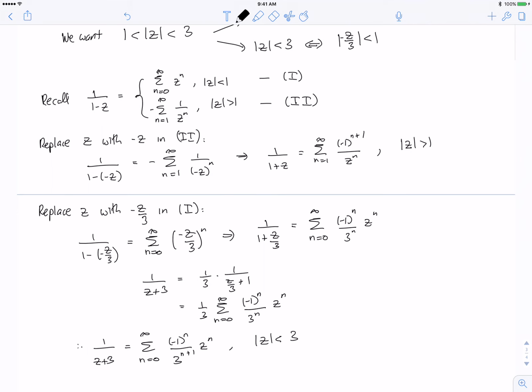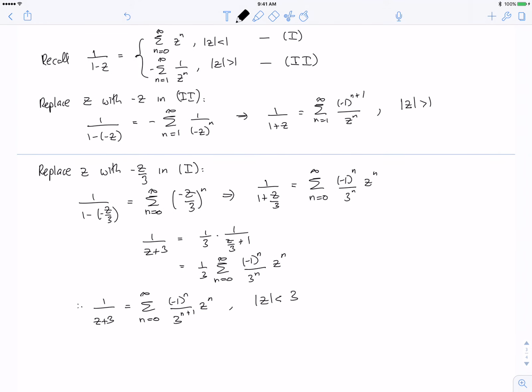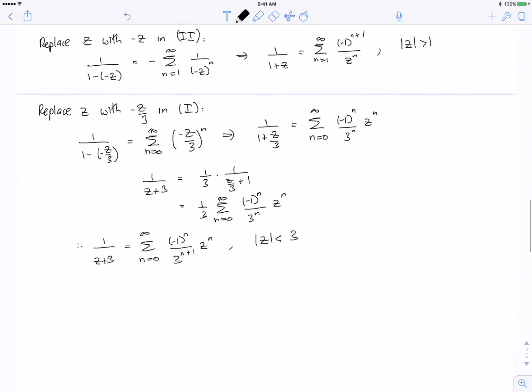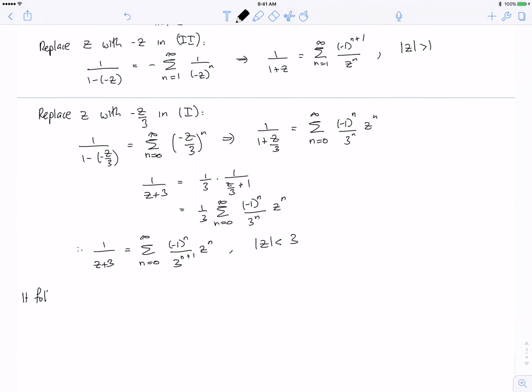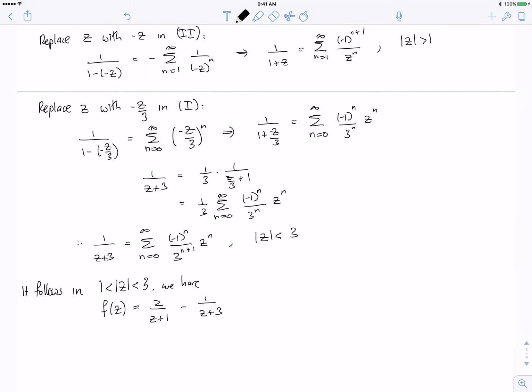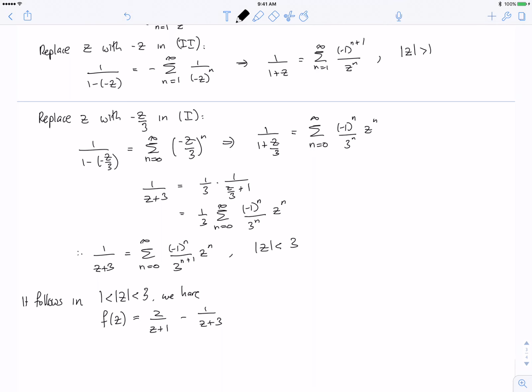Right? So now that I have the two individual series, I just subtract them, right? So it follows in the region where modulus of z is between 1 and 3, we have, so remember f of z was equal to 2 on z plus 1 minus 1 on z plus 3. So I know that 1 on z plus 1, I have an expansion for that. I stick a 2 out the front.